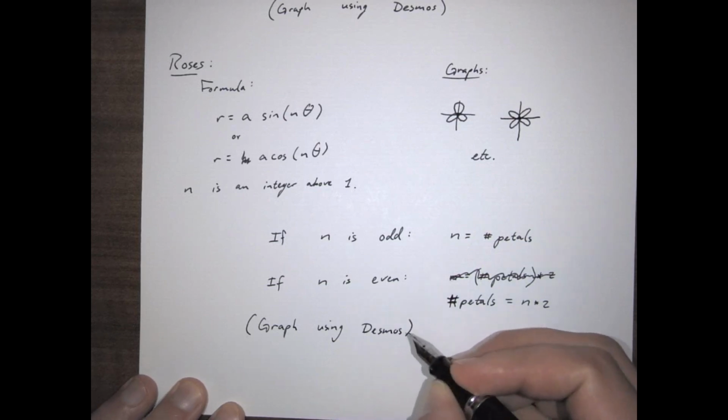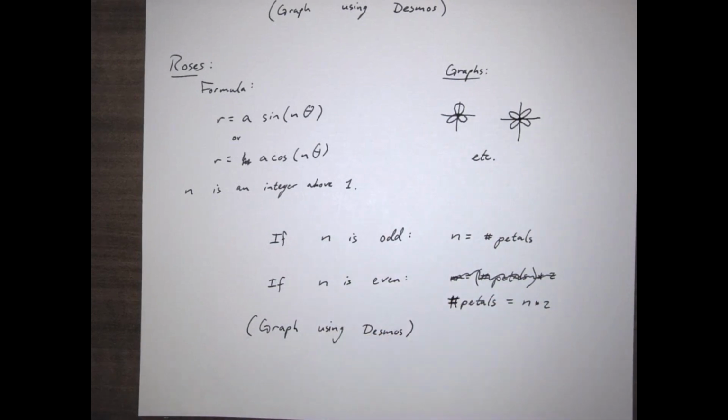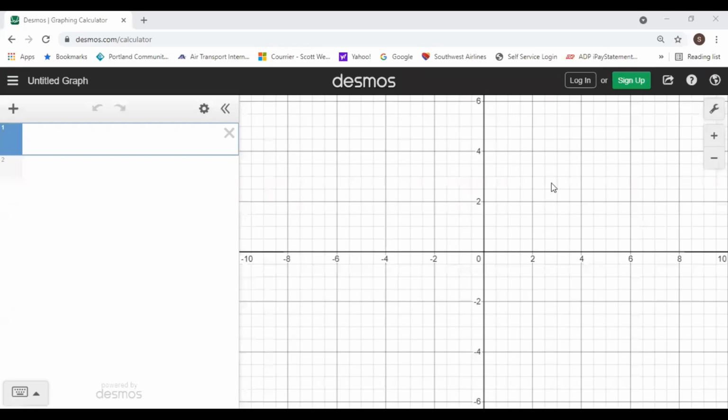And the reason why we have to graph it using Desmos rather than just sketching it out the way we did the other ones is because having the n in there means that we are not just going around once when we are looking at the theta, but it's actually going through the sine and cosine cycle multiple times as we go around, and that makes it just a little bit more complicated to graph.